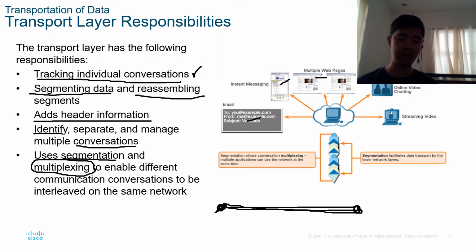You can have an email, and at the same time you have your web page, for example. So you can transmit all of these multiple signals into a single channel, a single connection. And we owe it to this multiplexing.